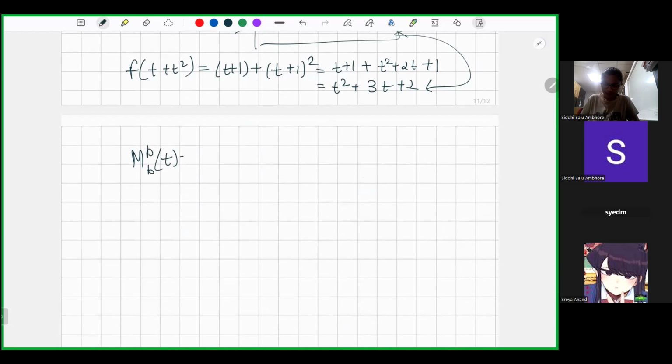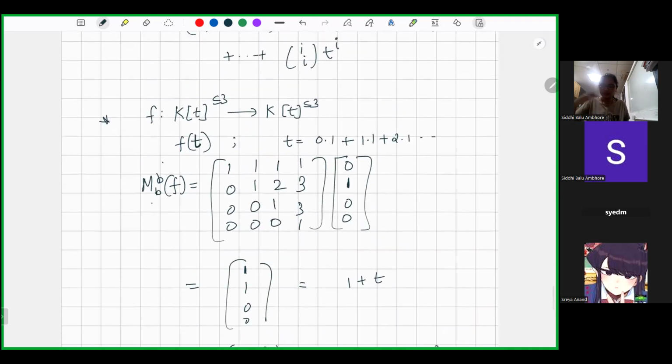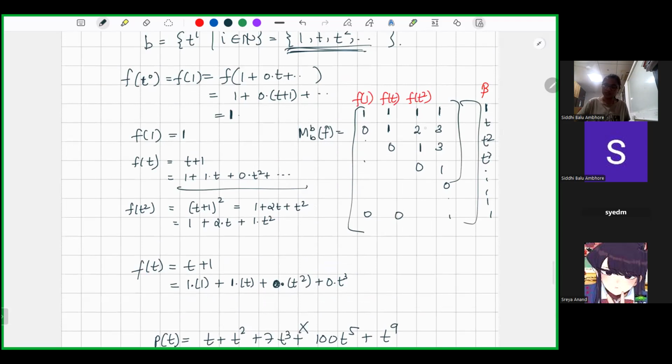M_BB^T will be, we will do one example. Even now you understood explicitly what this matrix is doing, but still, in general, for this matrix, if I write this as M_IJ, this is J choose I. So this was this, this is the 3-tooth entry, and this was 2 choose 1, right?